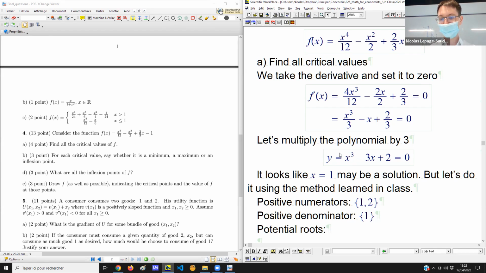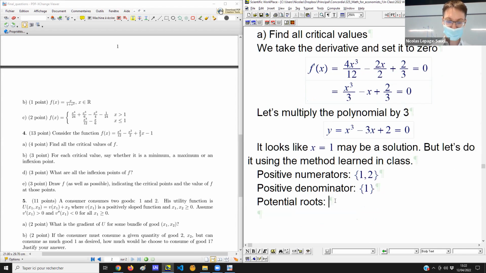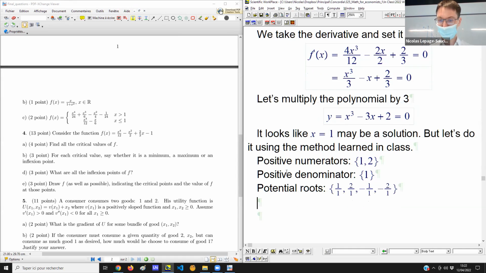So one is, of course, a divisor of 1 here. So I'm going to get 1 over 1, 2 over 1, and then the other minus signs there. So let's try 1.